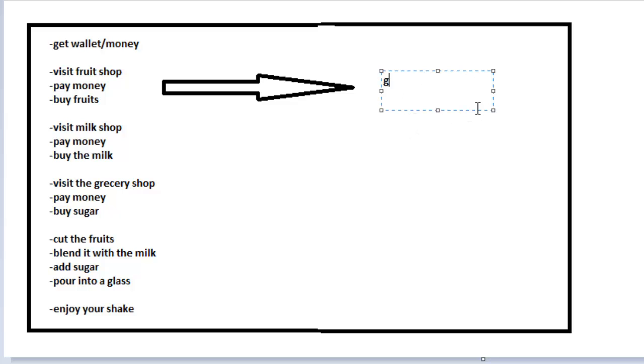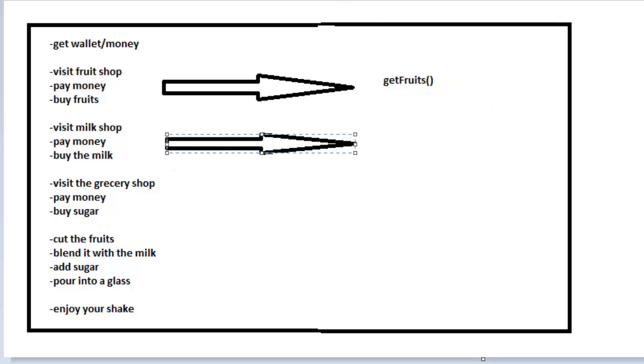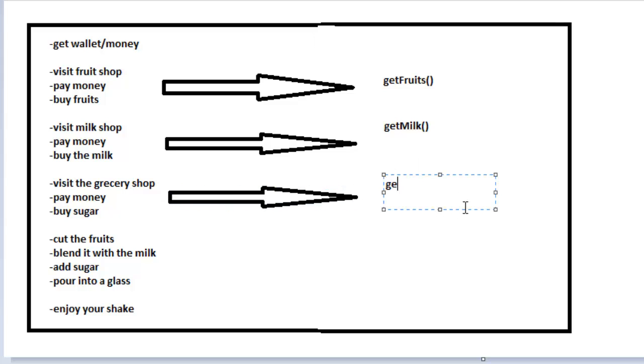So let's say get fruits. Alright. Similarly, we have another guy who will go to the market and he will get me milk. Okay. In the same way, I have one more guy who will go to the market and get me the sugar.